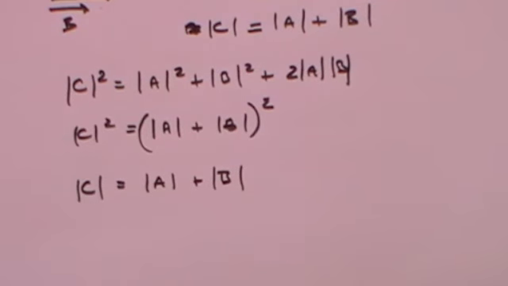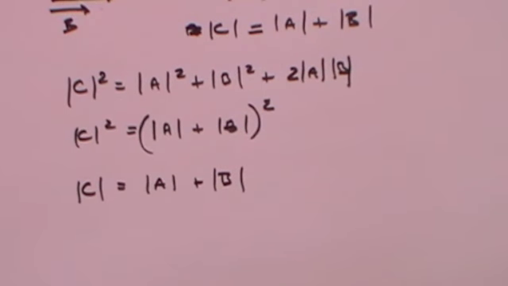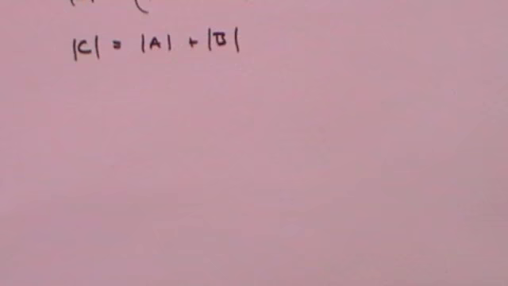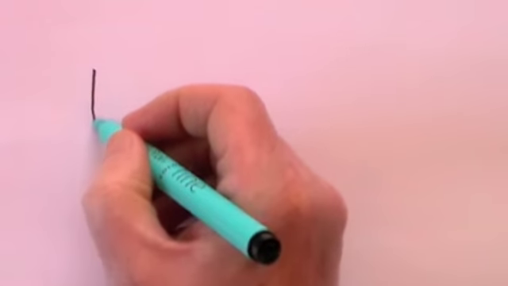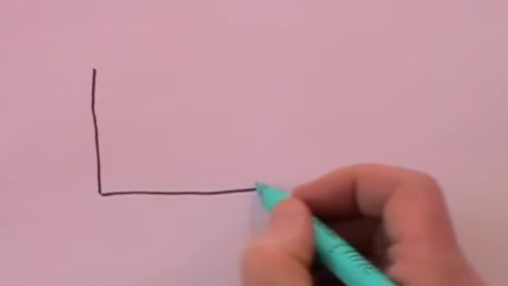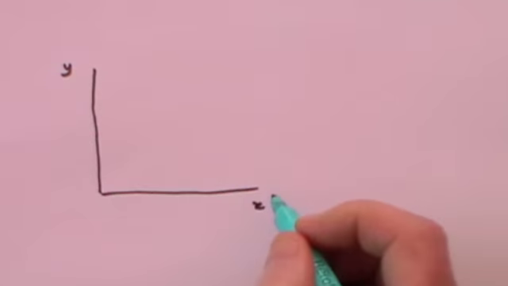So that's good. And just to prove a point, I'm going to derive the same formula, but by taking a different approach. This time, here are my x, y coordinates.